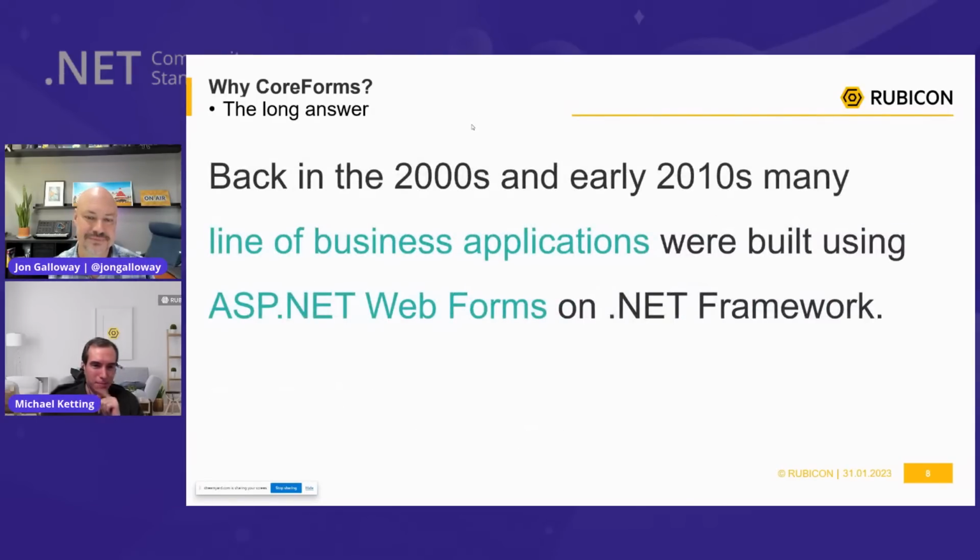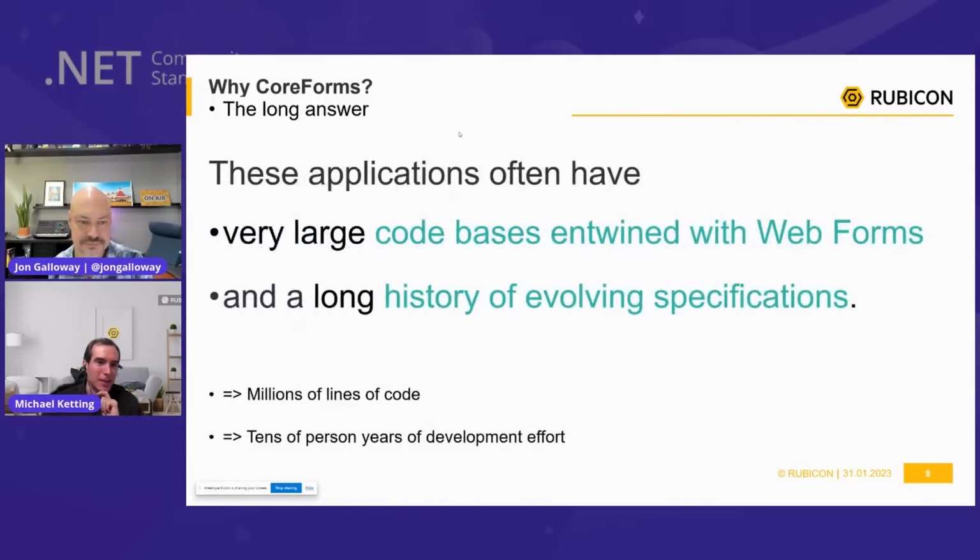Because these days, .NET Framework is not the newest thing anymore on the block, and I'm going to circle back to this. With those applications, one thing we have with the code behind and with the model is that you learn how to build applications while you build the applications.